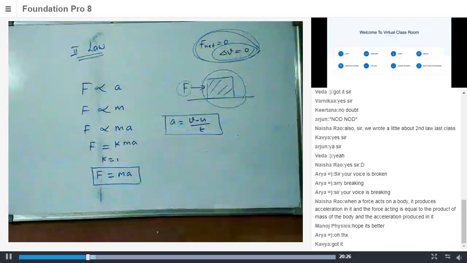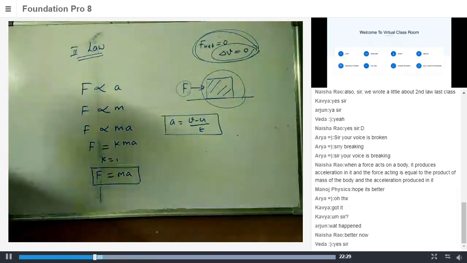If this constant value is experimentally found to be 1, I get F equal to ma. And what is a? We have already discussed in previous classes: acceleration is change in velocity by time.